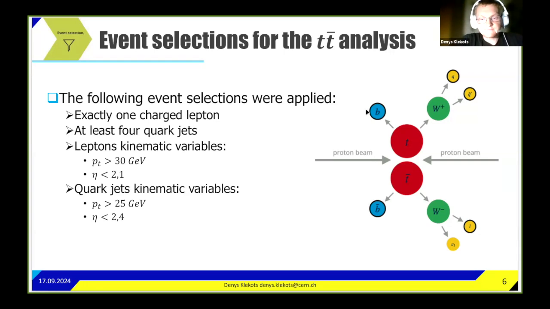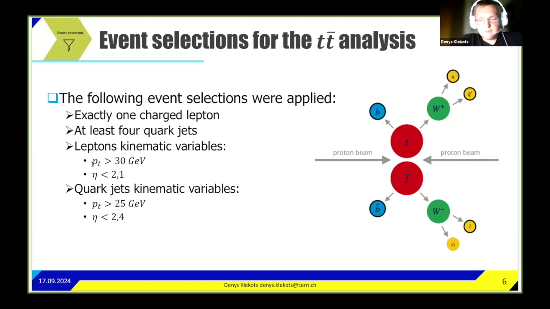So we can just apply some cuts on some variables of the particles which were detected, and in this way do some event selection. First of all, we look only at events which contain exactly one charged lepton and at least 4 jets. Jets are what remains at the end from the quark after hadronization.